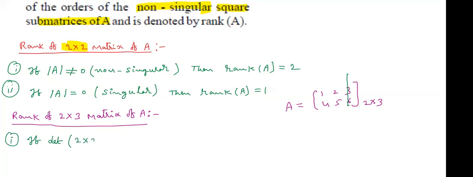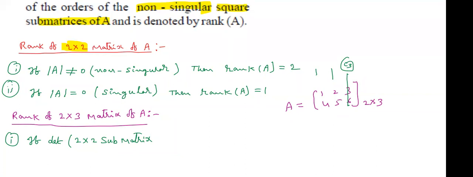Here, how many submatrices are possible, students? If you delete the third column, one submatrix. In case of the second column, one more. In case of the first column, one more. Overall, 3 submatrices are possible.